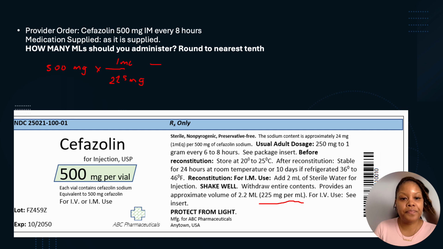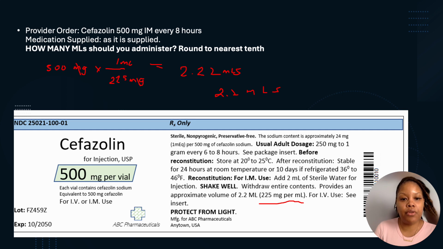All right, so our mgs cancel out. So we're then going to divide 500 divided by 225, and you should get 2.22 mLs. But the problem tells us to round to the nearest tenth. So we would get 2.2 mLs.